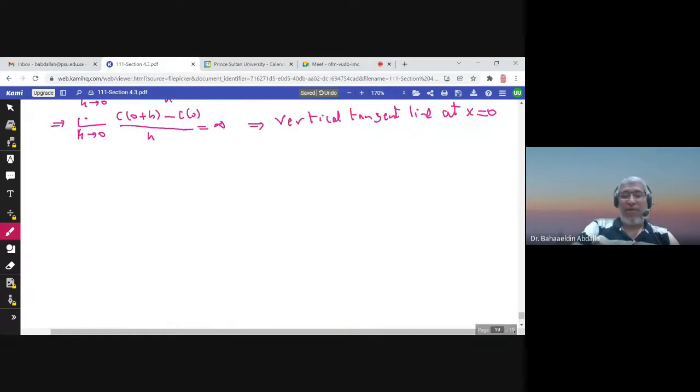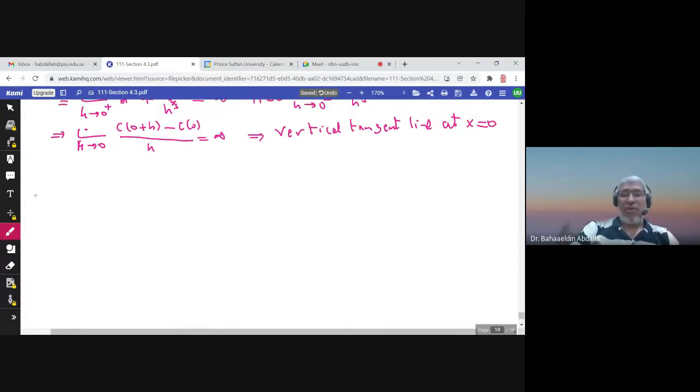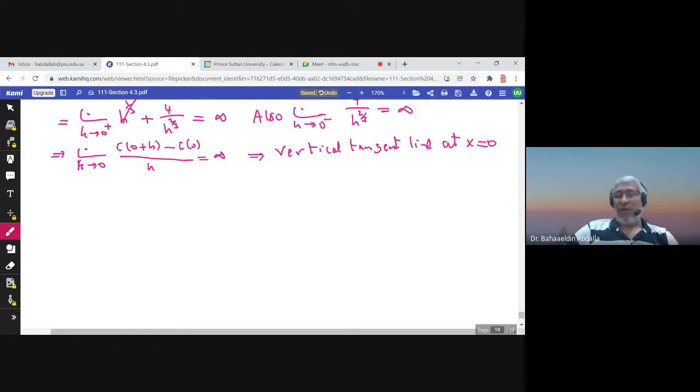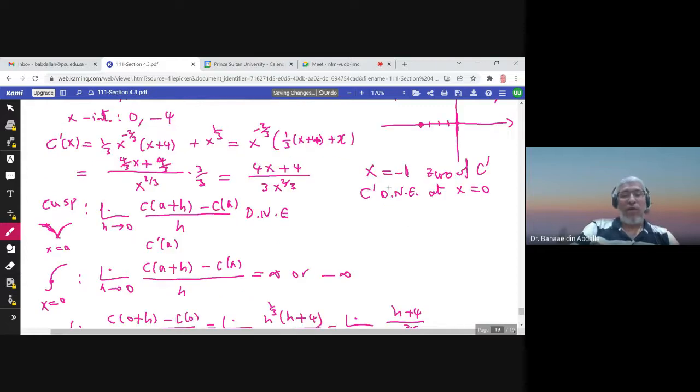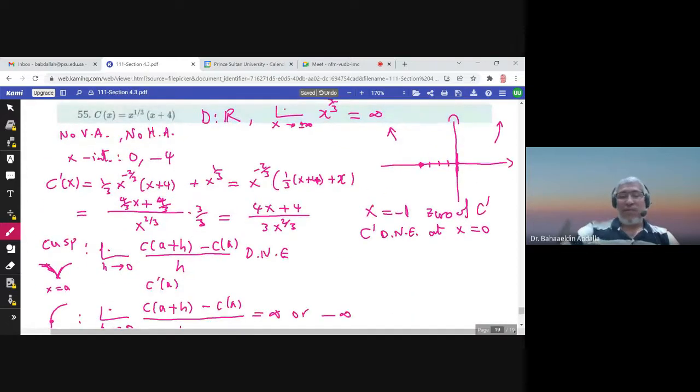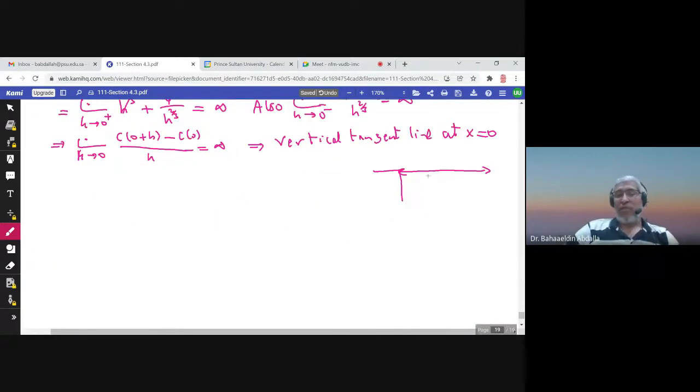And let me make the table of c prime, sorry. The domain is real numbers, we said c prime, where is c prime? This is c prime. It is 0 at negative 1, and it does not exist at 0. So this is negative 1, this is 0, this is negative infinity to infinity, and this is c prime, and this is c.